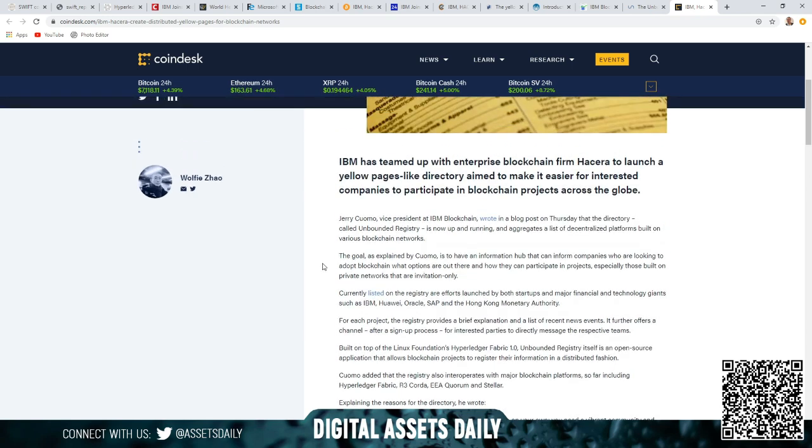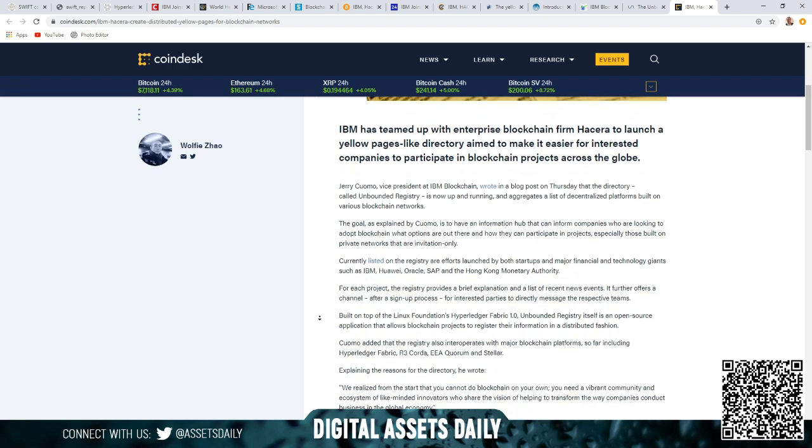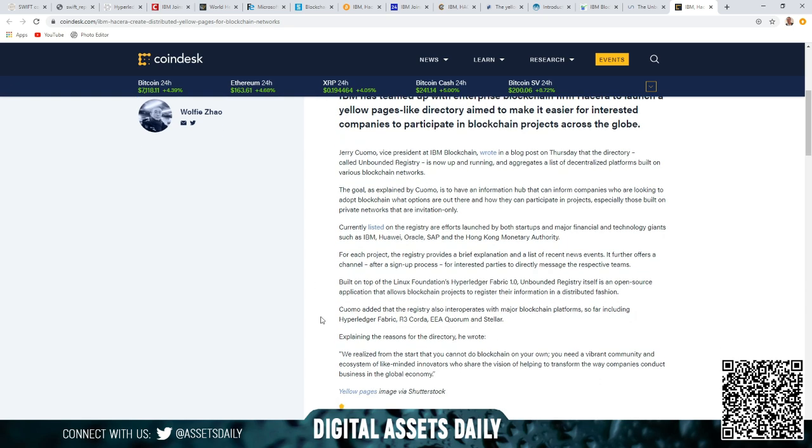Okay, here we have currently listed on the registry are efforts launched by both startups and major financial and technology giants, IBM, Huawei, Oracle, SAP, and the Hong Kong Monetary Authority, built on the Linux Foundation's Hyperledger Fabric 1.0. Unbounded Registry itself is an open source application that allows blockchain projects to register their information in a distributed fashion.